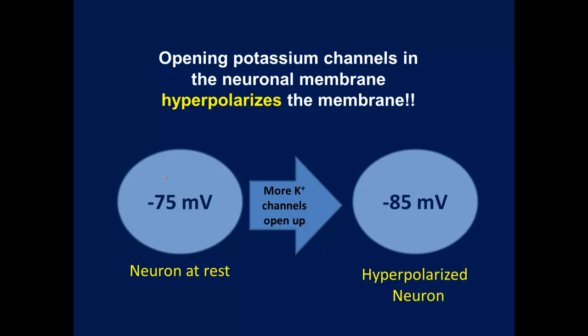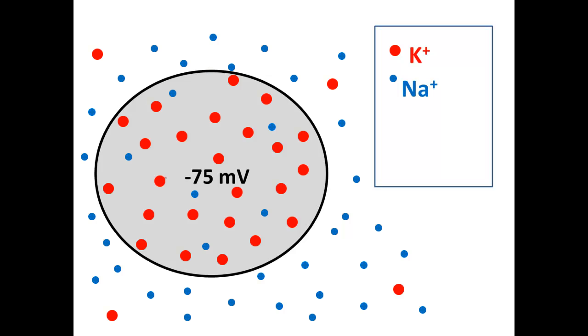Now remember, it's mostly about potassium when we're talking about the resting membrane potential, but there are a lot of different ions in the intracellular and extracellular solutions, not just potassium. One of the most important ions for electrical signaling in neurons is sodium. There's a lot more sodium outside the neuron in the extracellular solution than there is inside in the intracellular solution.